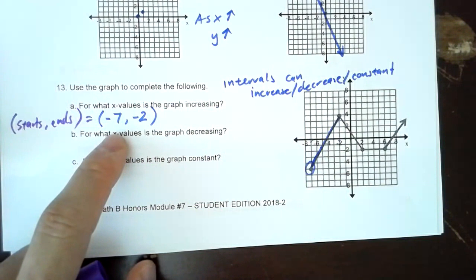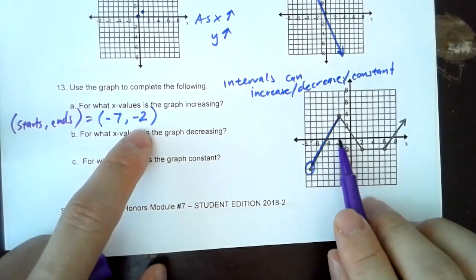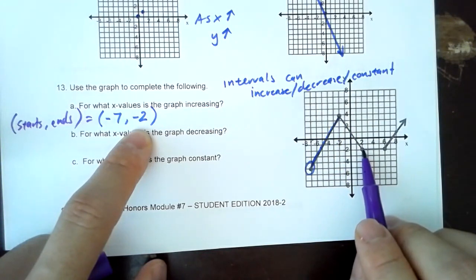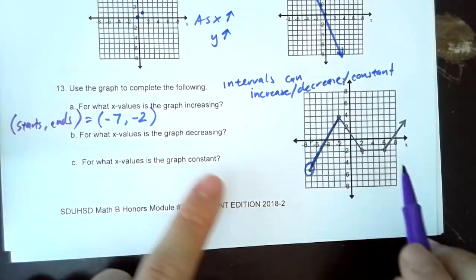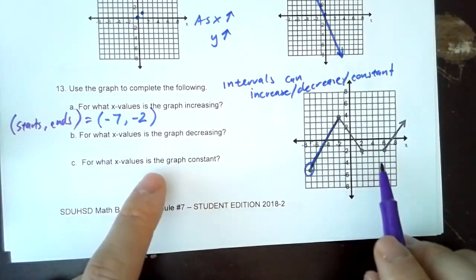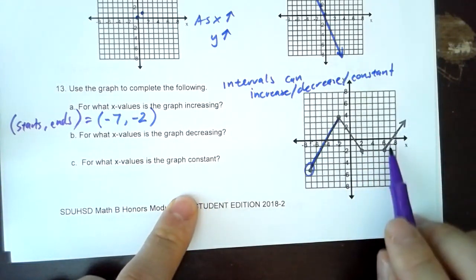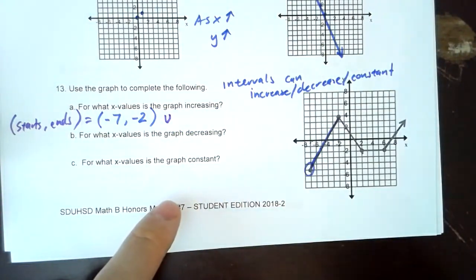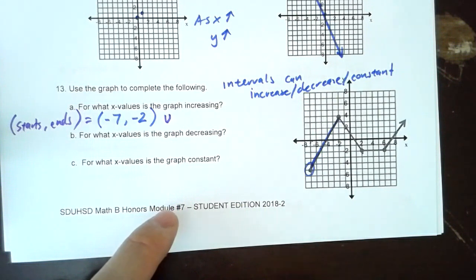It starts to increase from -7 to -2. Obviously, it decreases from -2 to +2. It remains constant from this section, 2 to 6, and then it starts to increase again. So it increases. This is where we use a U. U is kind of like just saying in addition, or there's more.